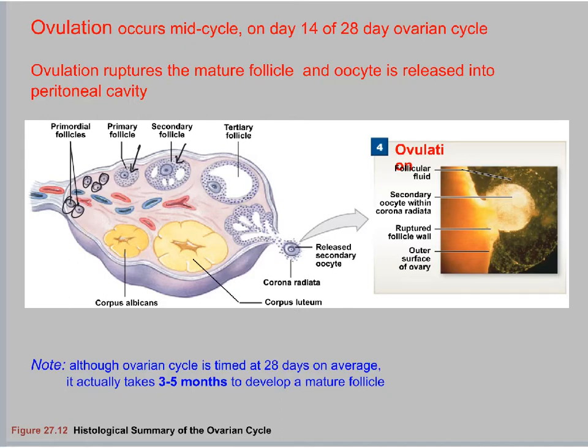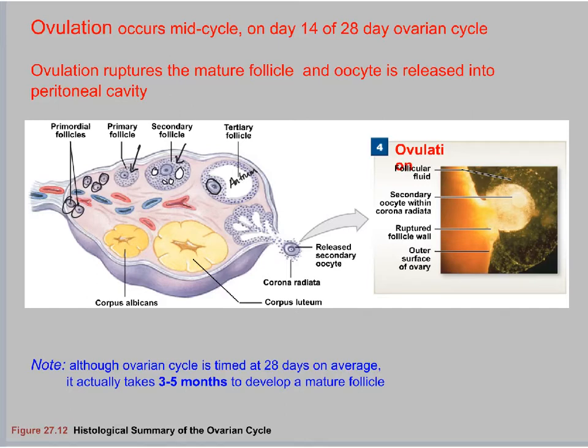Look at the difference, how the secondary follicle is larger, and now you have areas where the oocyte is starting to disconnect from the wall of the follicle. And then you really see that here in the tertiary follicle. There's that big space called the antrum. So here is the oocyte.